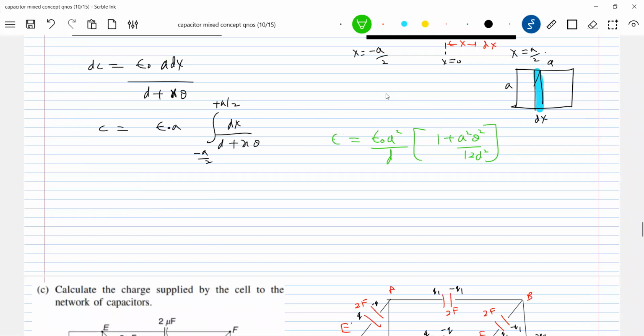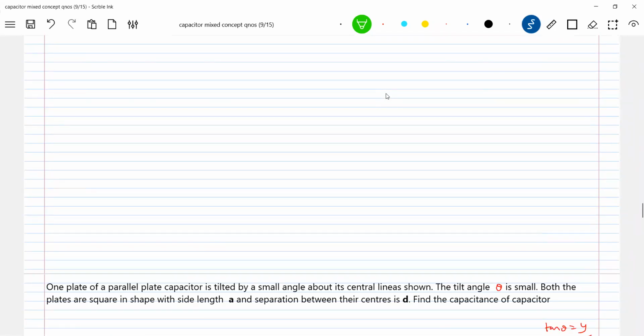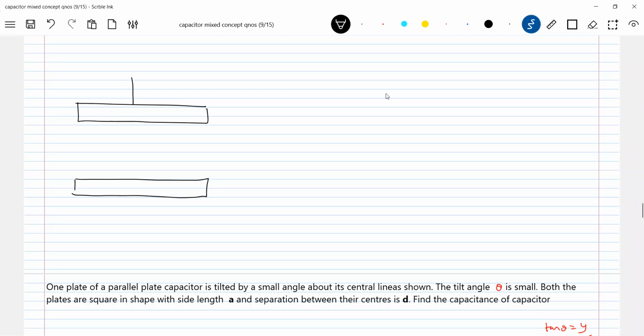Now this is about the parallel plate capacitor, but if you see the practical parallel plate, the field we assumed is an ideal situation. Practically, how will the field be? There are sharp edges, and here the charge will get crowded.